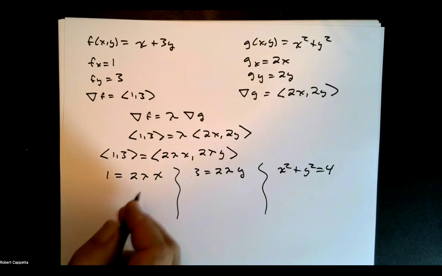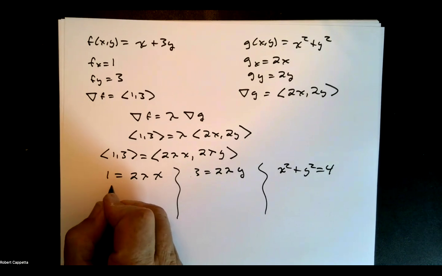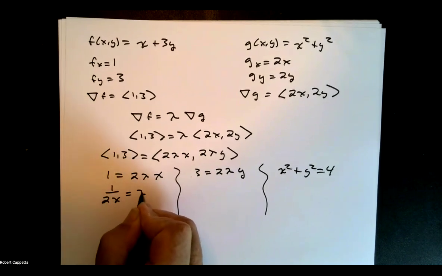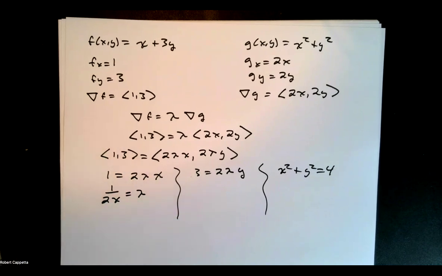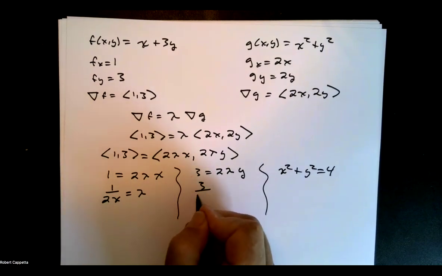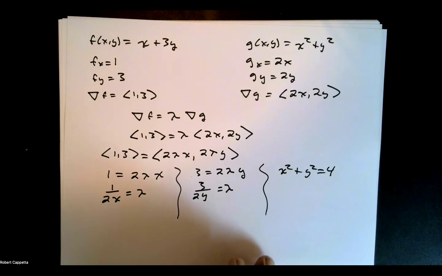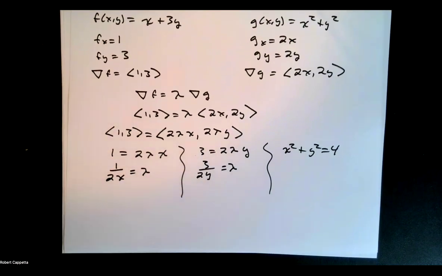Now, how do I do this? Typically, we're going to solve for lambda here. So 1 over 2x equals lambda, and 3 over 2y equals lambda. Well, if they both equal lambda, then they have to equal each other. Do we see how that's going to work?